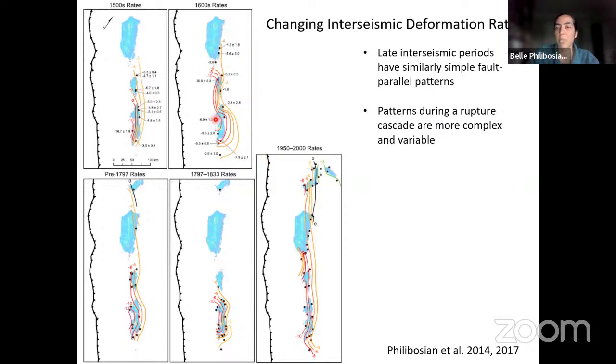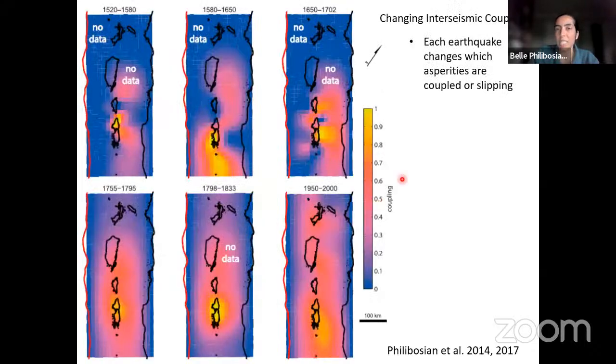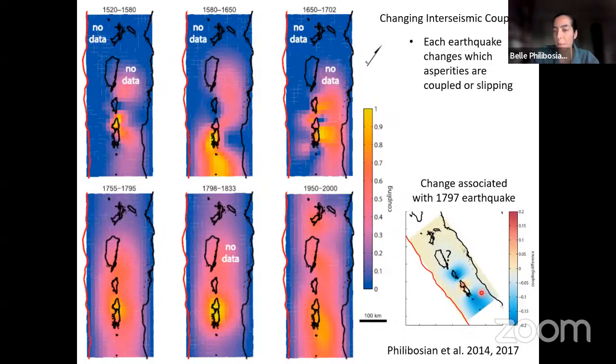But during the rupture cascades, they are much more complex and variable. So what this is suggesting is that each earthquake is changing which parts of the fault interface are locked or slipping. And to illustrate that in more detail, this is the change in coupling that happened, in this case, associated with the 1797 earthquake. So in blue areas, the coupling decreased, and in red areas, the coupling increased.